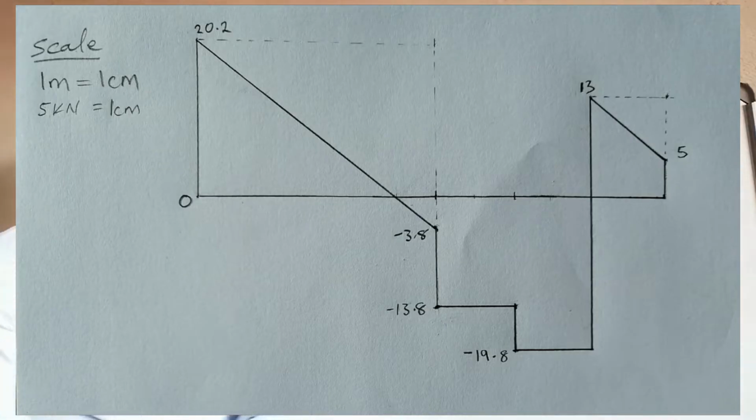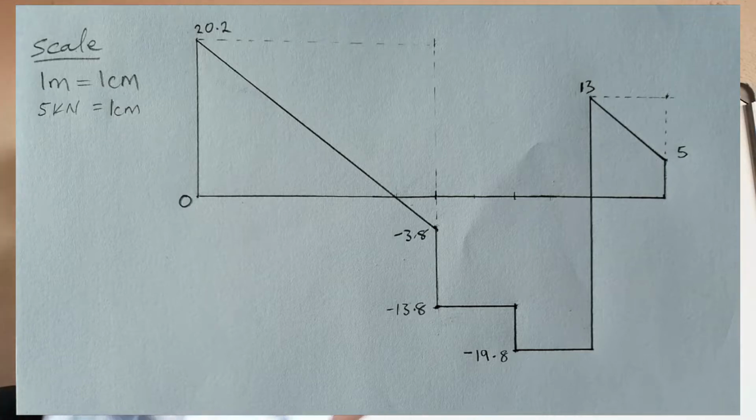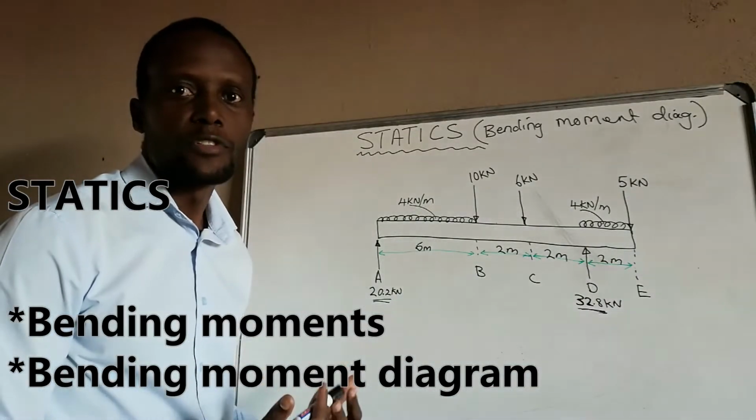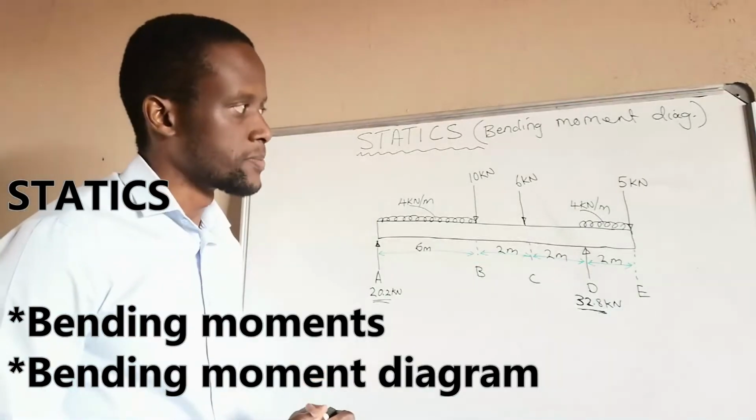We got our reactions, we got 20,2, we got 32,8, and our beam is in equilibrium. Our shear force diagram also was balanced.